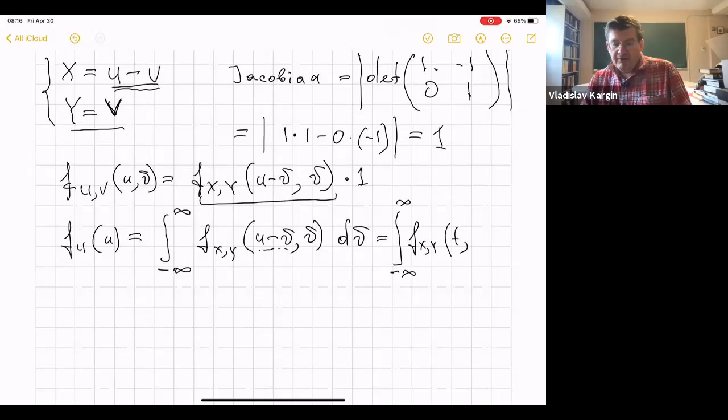So v is equal to u minus t. So here will be u minus t, integrated over dt.